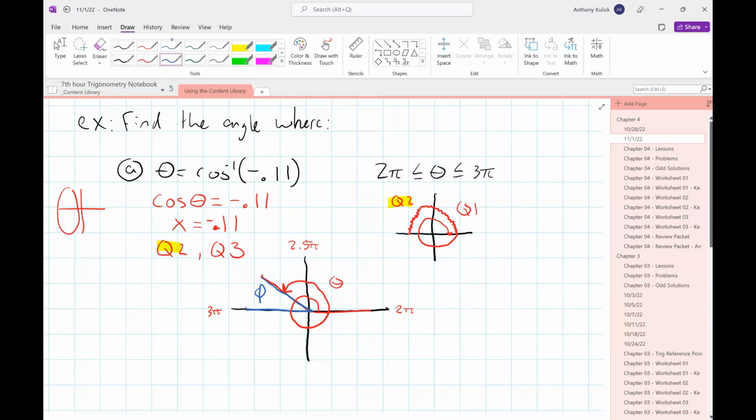The phi is always formed between the terminal side of my angle and the x-axis. So now I'm going to write an equation using the values formed on the x-axis that make up my phi, and my theta. So I'm going to write an equation involving those three values.